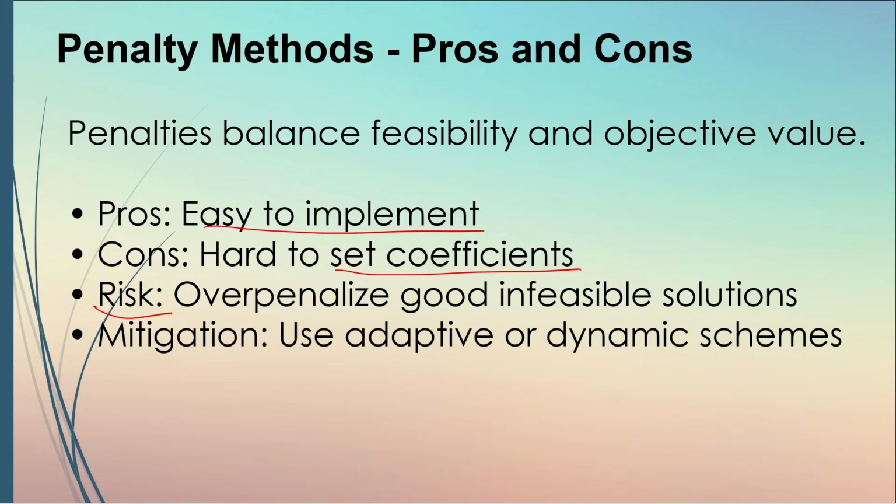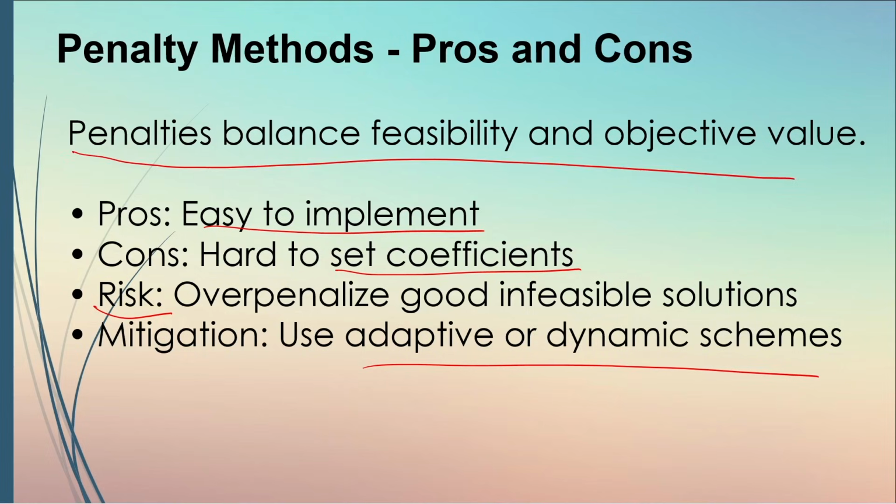You should be careful not to over-penalize the good infeasible solution, so that is a very risky factor involved. On the other hand, you can go for adaptive or dynamic schemes in order to mitigate this, because a penalty balances feasibility and the objective value. Objective value is the optimal value, and feasibility is whether that optimal value is feasible by satisfying the constraint or not.